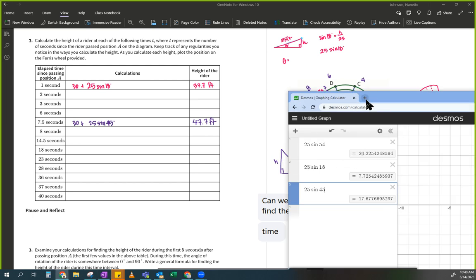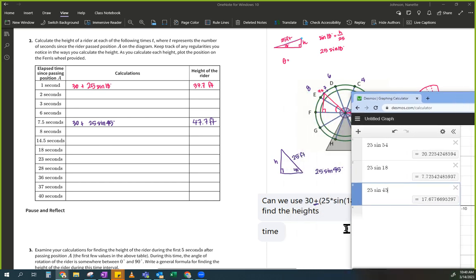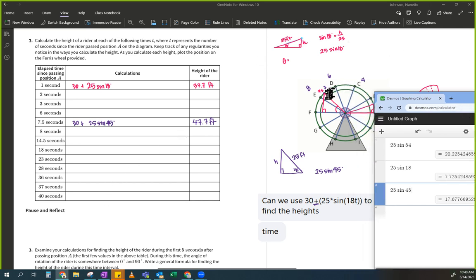Your job in math is to look for patterns. When you are good at looking for patterns, your job of efficiency becomes like super nice. Like, oh, I don't have to draw my picture every single time. I'm just going to plug it into here and figure out where he is. I will add when he's above the x-axis. I will subtract when he's below.